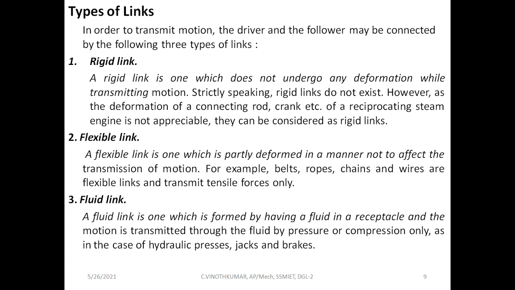A fluid link is one which is formed by having a fluid in a receptacle, and the motion is transmitted through the fluid by pressure or compression only, as in the case of hydraulic presses, jacks, and brakes.